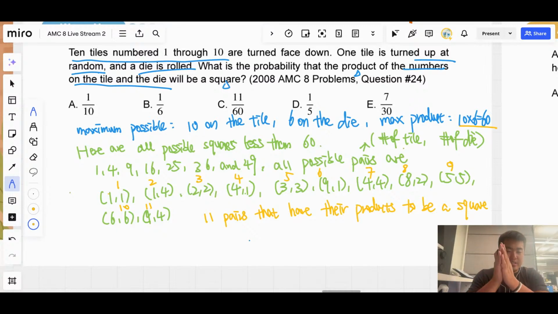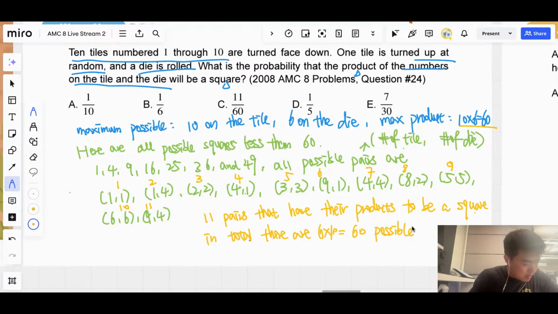For each of those 6 numbers on the tire, each of them can correspond to 1 to 6 on the die. So that should be 6 times 10, right? So I would say in total, there are 6 times 10 equals 60 possible pairs, right?